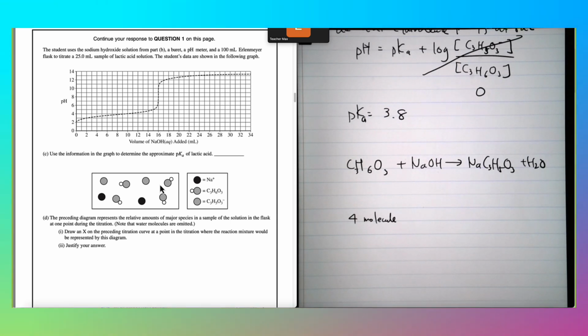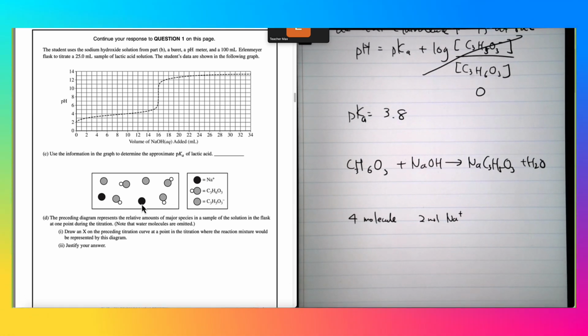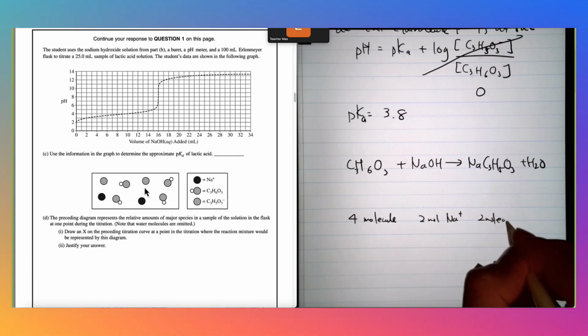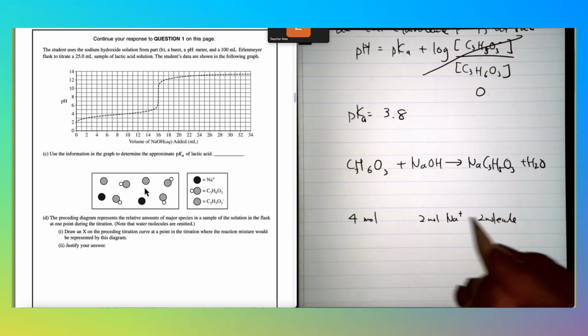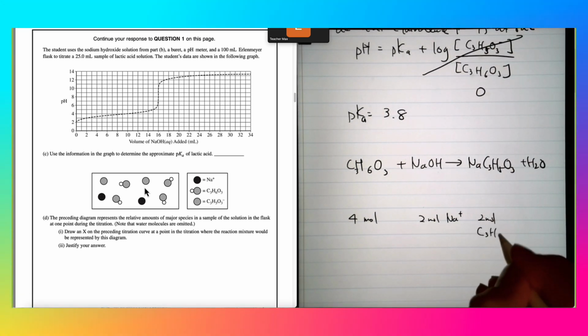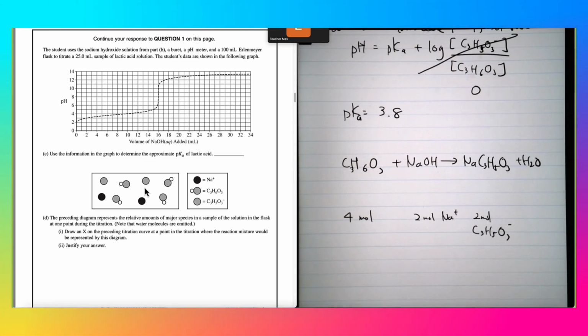I'm not seeing any OH minus, but I do see 2 hydroxide here. Okay, 2 molecules of hydroxide. And then I do see 2 conjugate base of lactic acid. So 2 molecules, we can just say moles for simplicity, 2 moles of the conjugate base. And water, we can omit it.